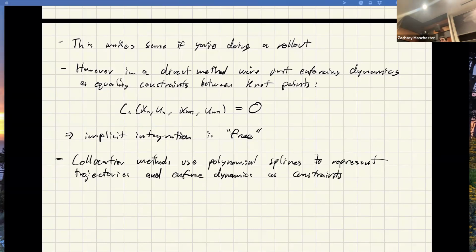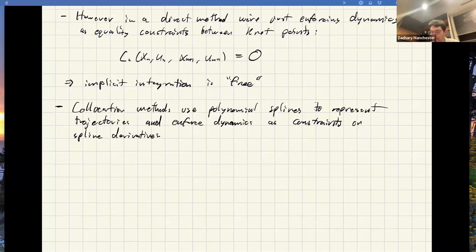And in fact, no matter what sort of method I use to parameterize my splines, taking the derivative of that spline is actually a linear operation. It's a matrix multiply on whatever representation I use to represent the spline. So that's kind of cool. Okay, so that's the general gist.